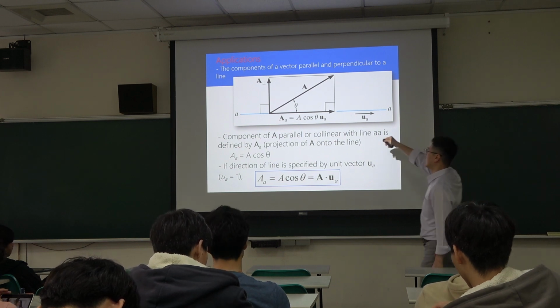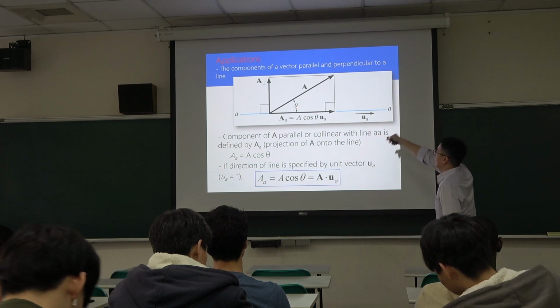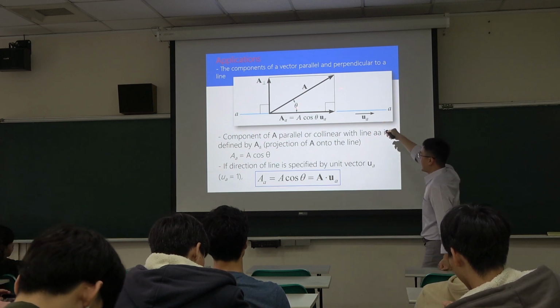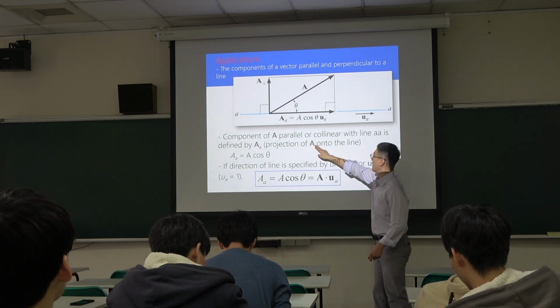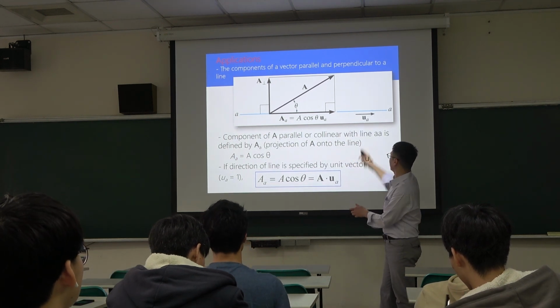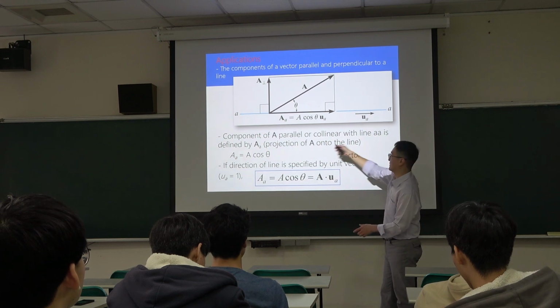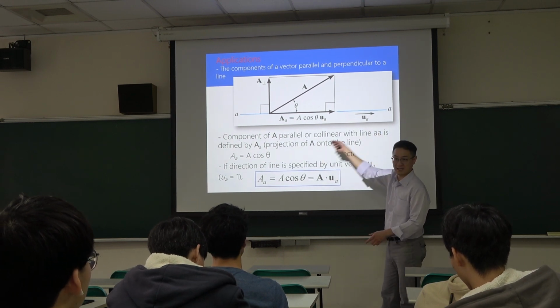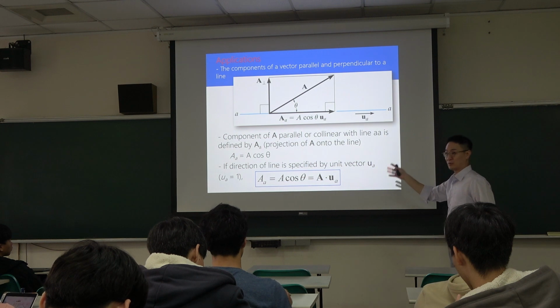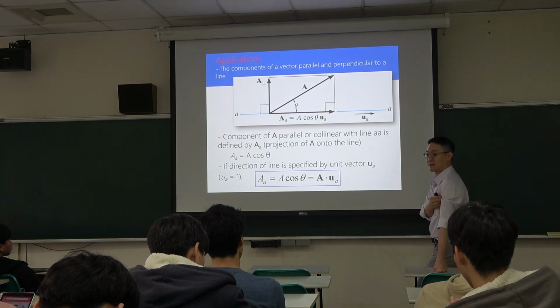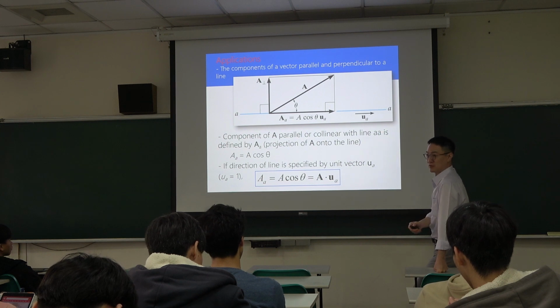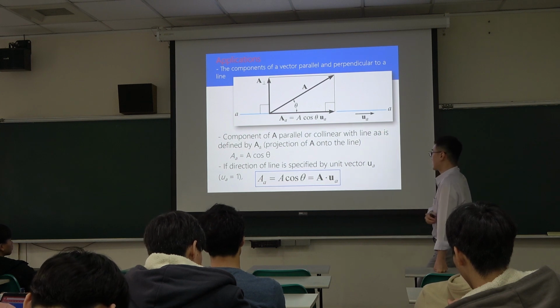Okay, so you can see for vector A, it has a projection of A on the line AA, projection on the line AA. So I told you that the dot product has a projection meaning. So we can use this relationship to find out the projection.